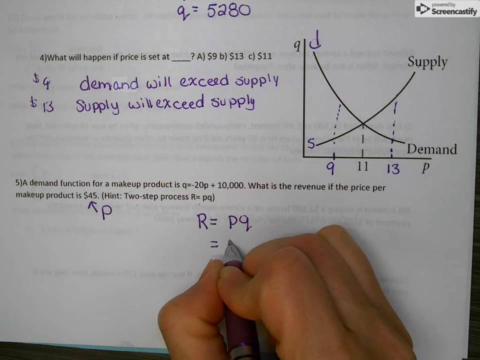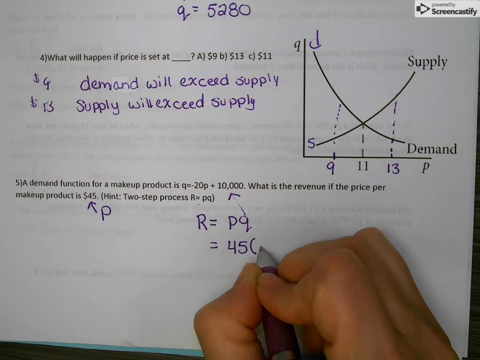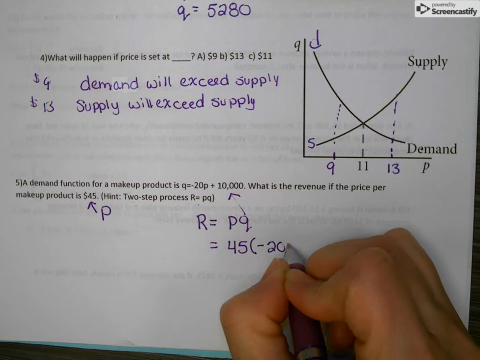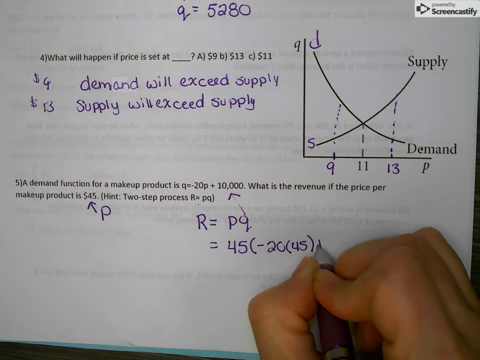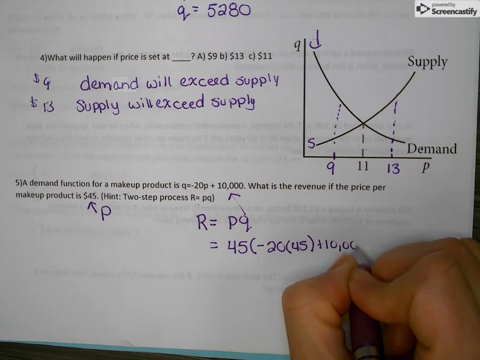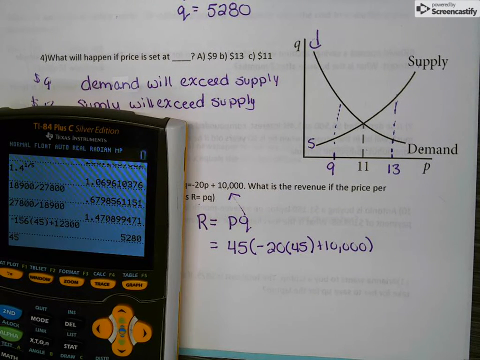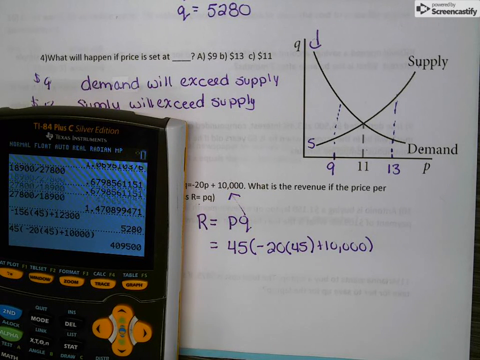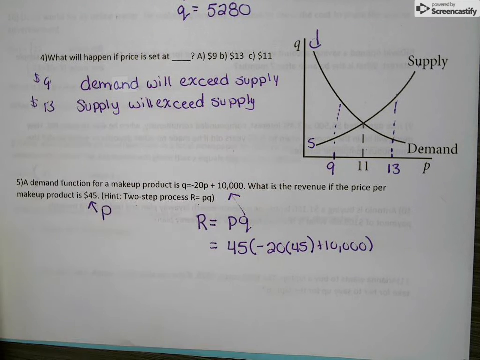So we have a price of $45 and the quantity is negative 20 P, we know what P is, plus 10,000. $45 times negative 20 times 45 plus 10,000. And that gives me a revenue of $409,500.